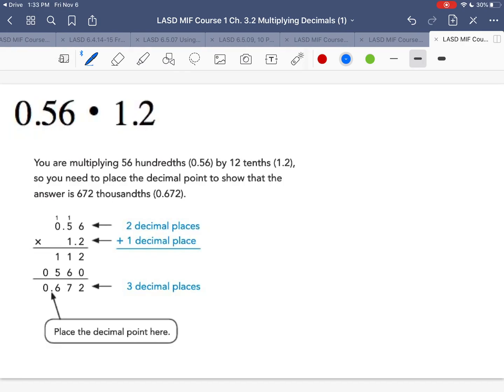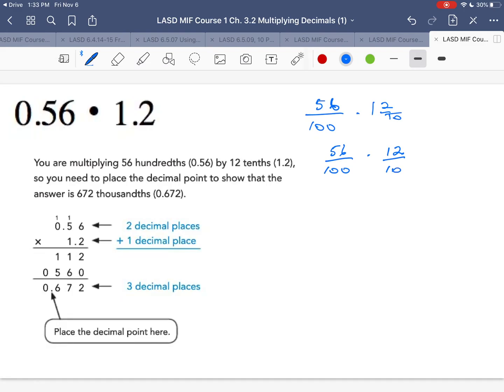And here we're multiplying 0.56 times 1.2. Just to show what this looks like with fractions, we are multiplying 56 hundredths times 1 and 2 tenths, or we could say 56 hundredths times 12 tenths.